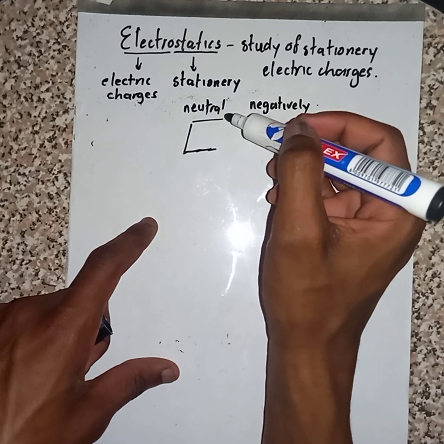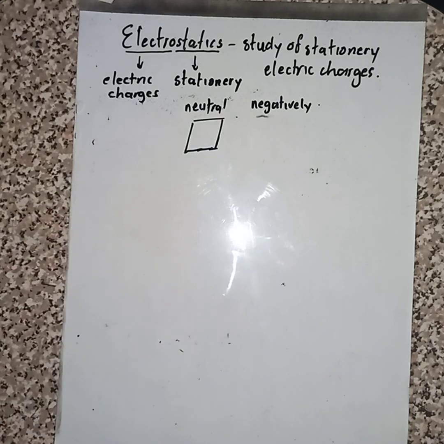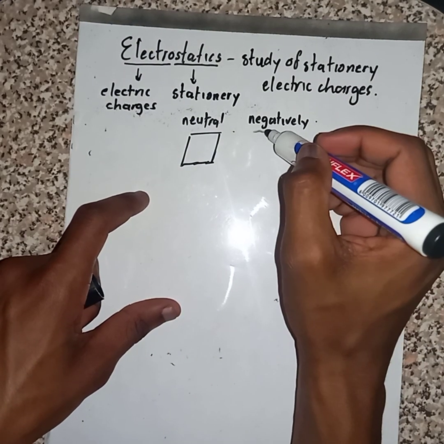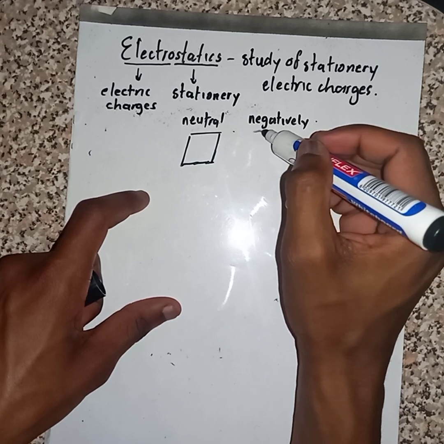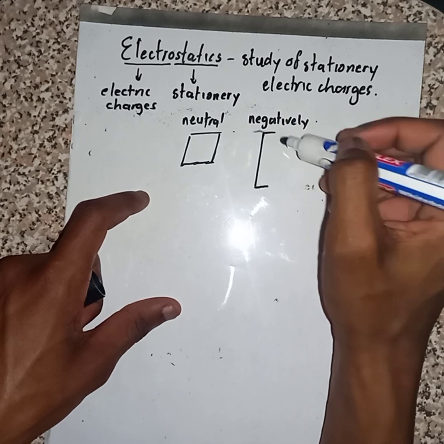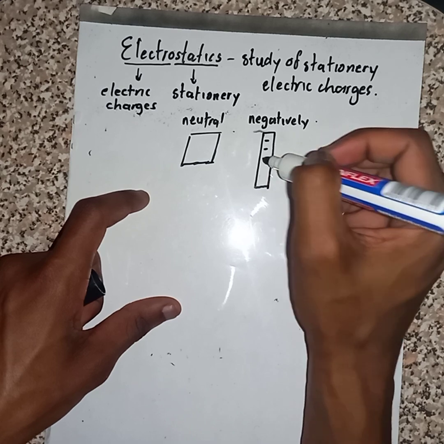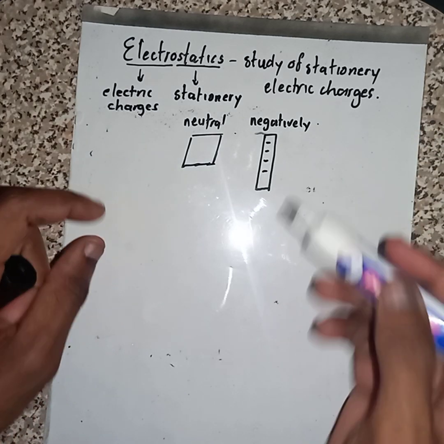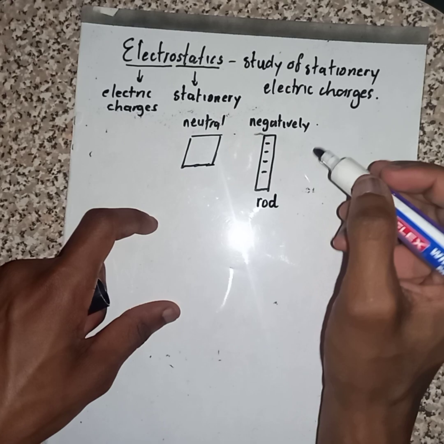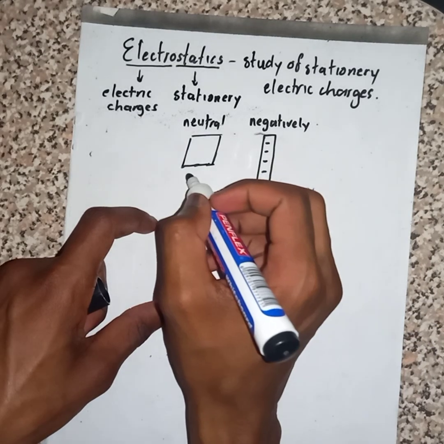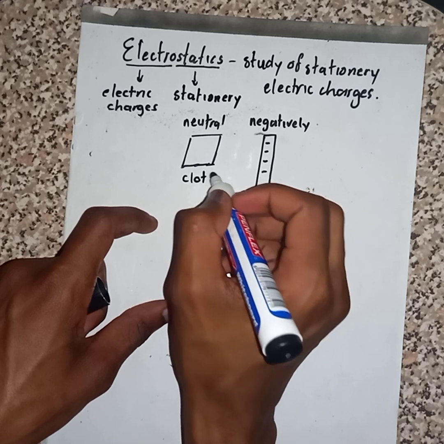Let's see if we have two objects, this one which is neutral and this one which is somehow negatively charged. Let's see if this one was a rod, and say this one was a cloth.